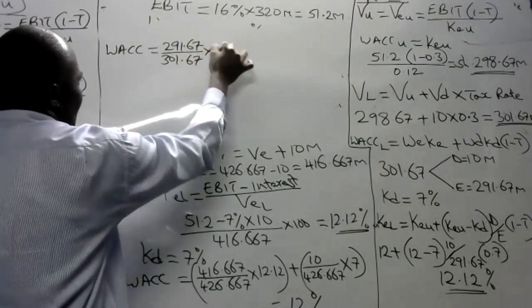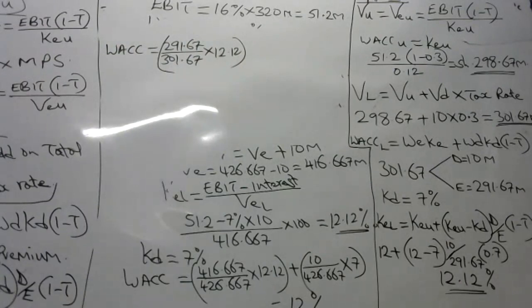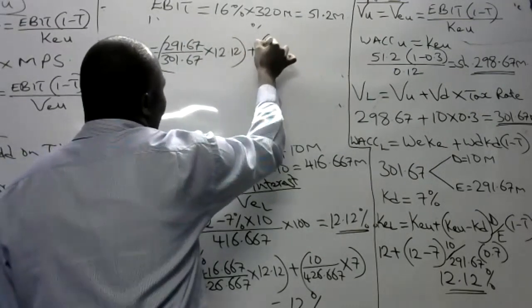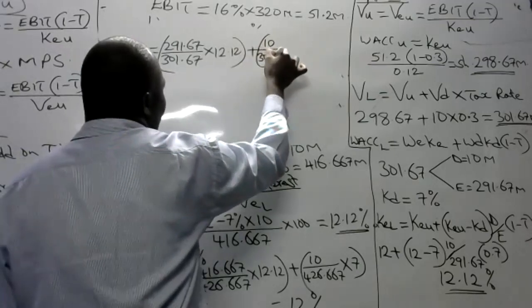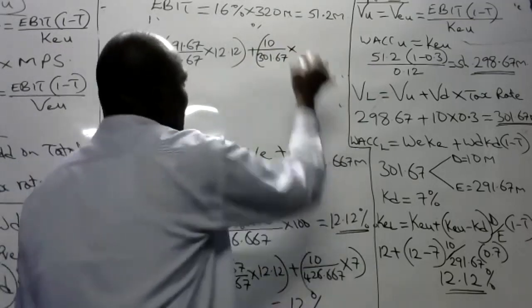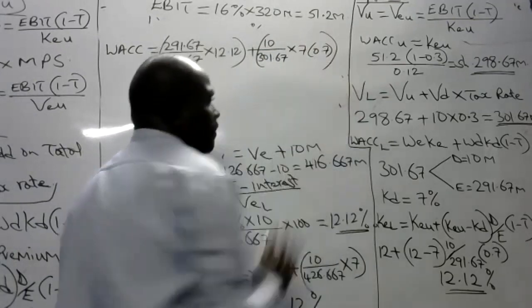KE is how much? 12.12. Plus, what is the weight of debt? 10 divided by what? 301.67. KD is how much? 7, we must adjust for what? For tax.